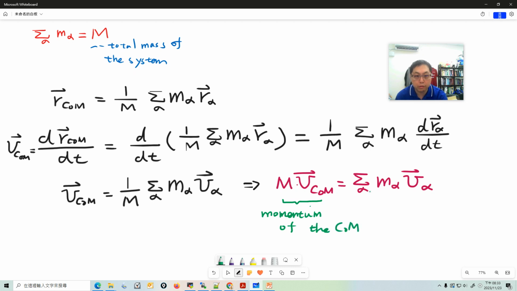And what's the right-hand side? It is the total momentum of the system of particles.